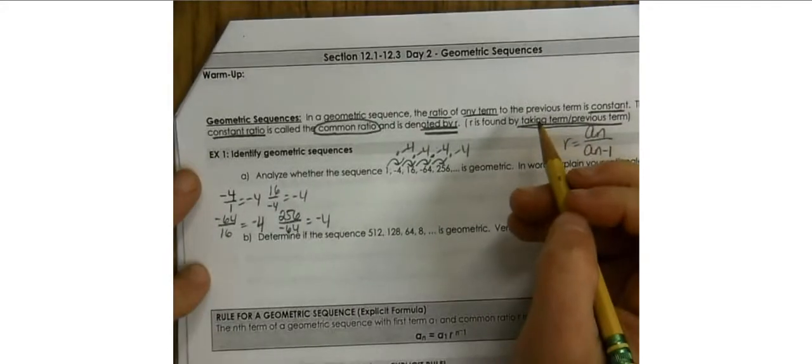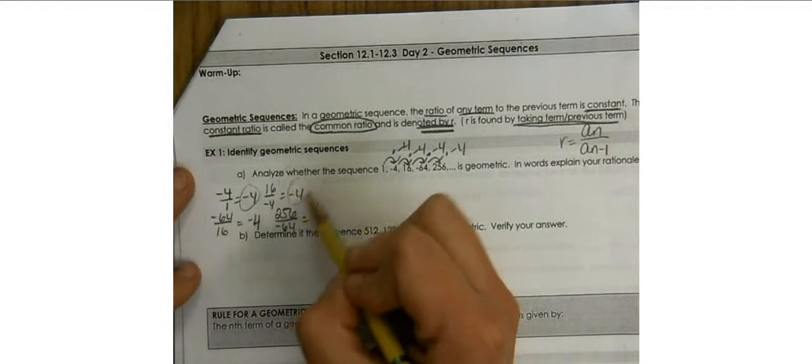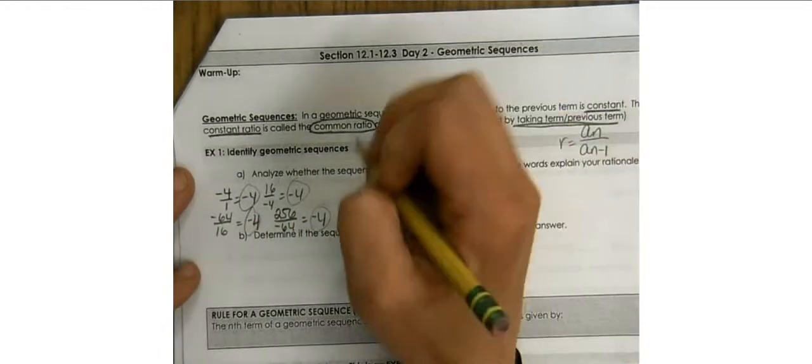You can also look at the ratios: -4 divided by 1 equals -4. 16 divided by -4 also equals -4. And 64 divided by 16 equals -4. And 256 divided by -64 is equal to -4. So all of these ratios are equivalent to the same exact value. In this problem, the answer is yes.